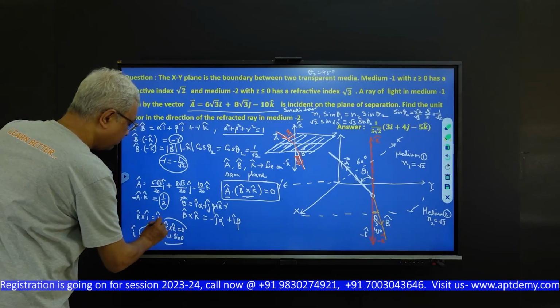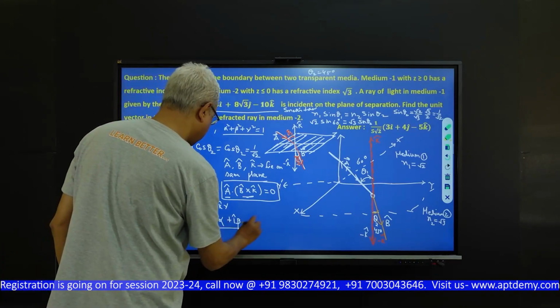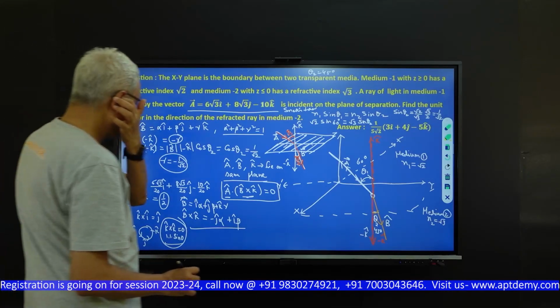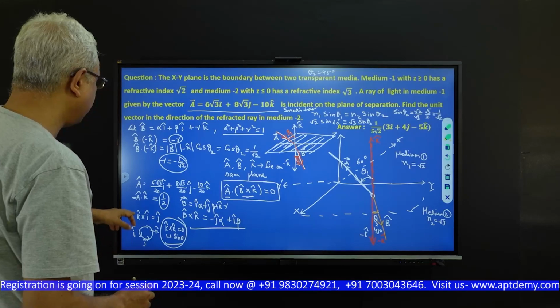These all you know from vector analysis knowledge. So b cap cross k I can write as minus j alpha plus i beta, and therefore a cap we have already found. A cap is this much.